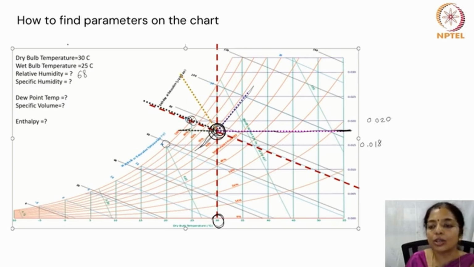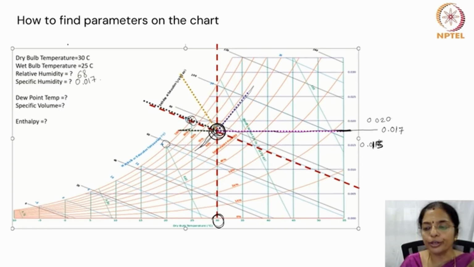So this point will be, say, 0.017. So the specific humidity is 0.017. Like this, we can find various climatic parameters, based on what is already existing in the chart for various combinations of dry bulb temperature, wet bulb temperature, relative humidity, and so on.